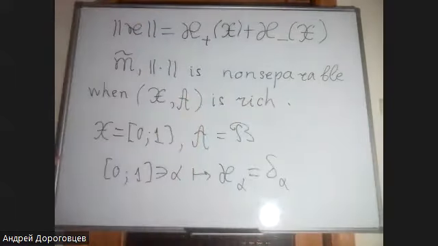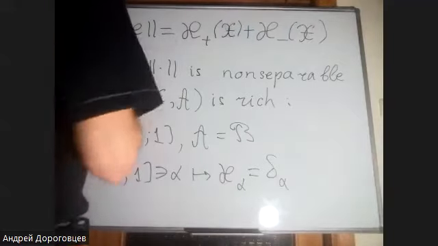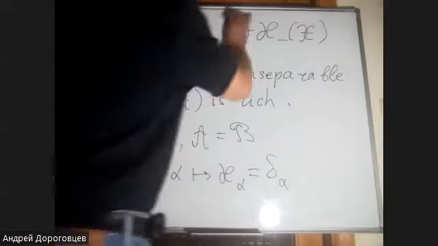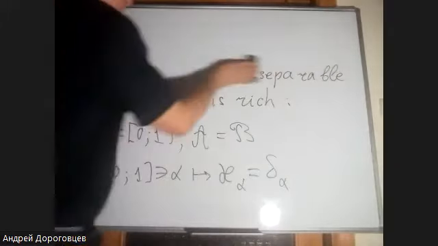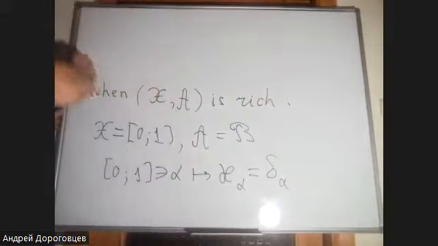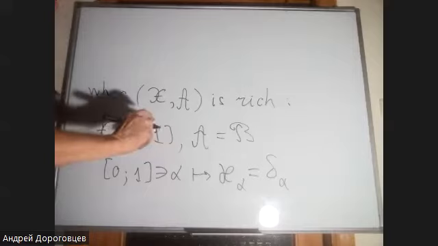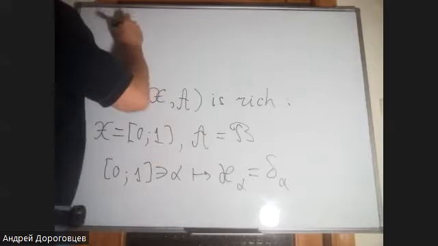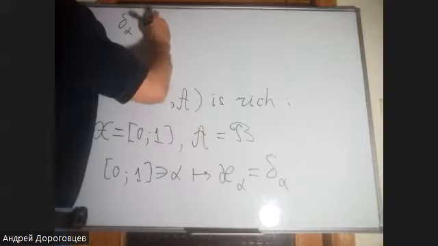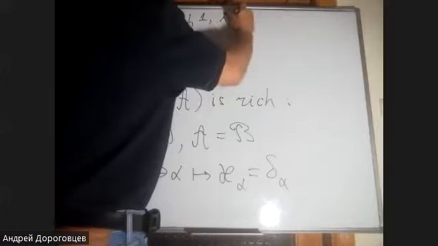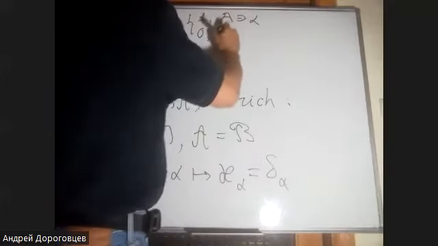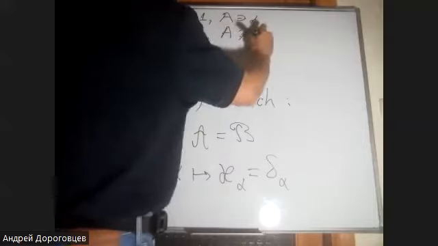Let me just recall for a moment that delta alpha of the set A is equal to 1 if A contains alpha and 0 if A doesn't contain alpha.